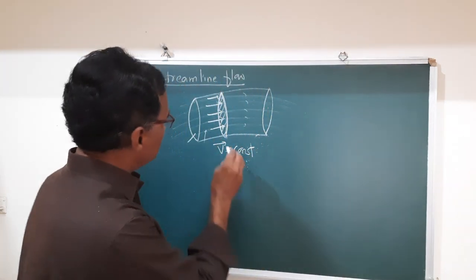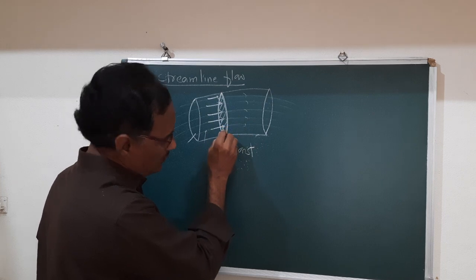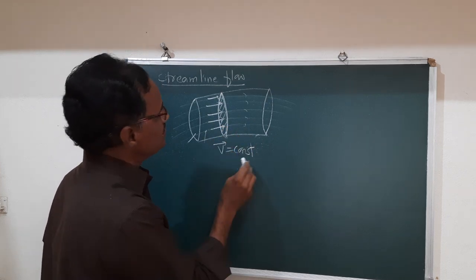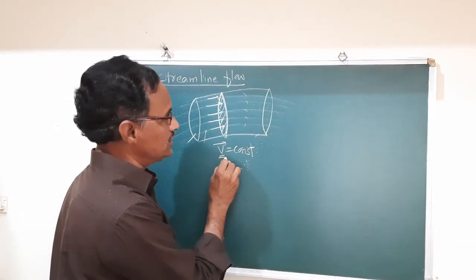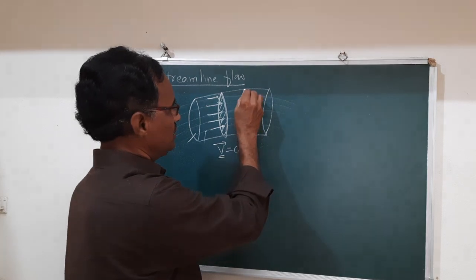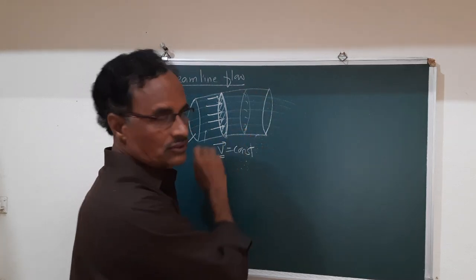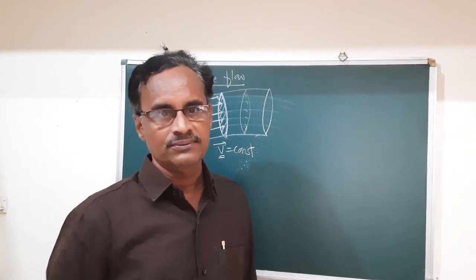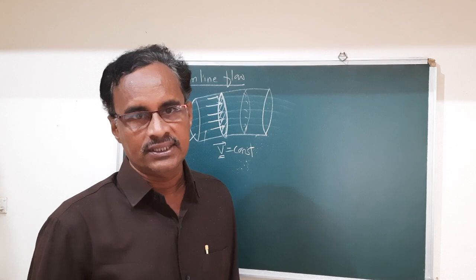But the velocity of the particles other than this cross-section is not the same as this velocity. It is different for the next cross-sectional area. Now this V is not equal to this for this cross-sectional area. It is different for the different cross-sectional areas, and again it is independent of time.